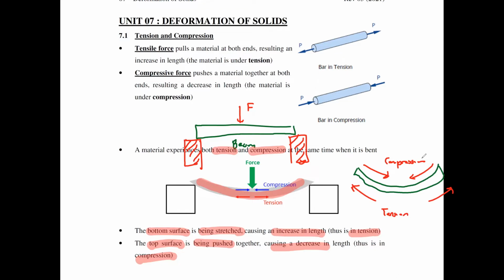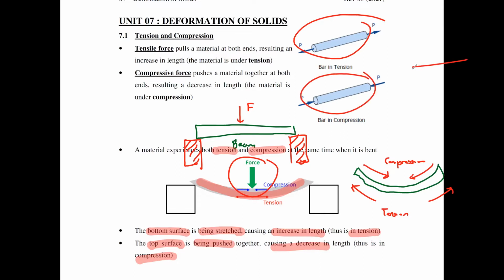So a material can have both compression and tension at the same time if you apply a force like this. The case you're seeing here is more like where the beam is like this, and then you apply a force like this.